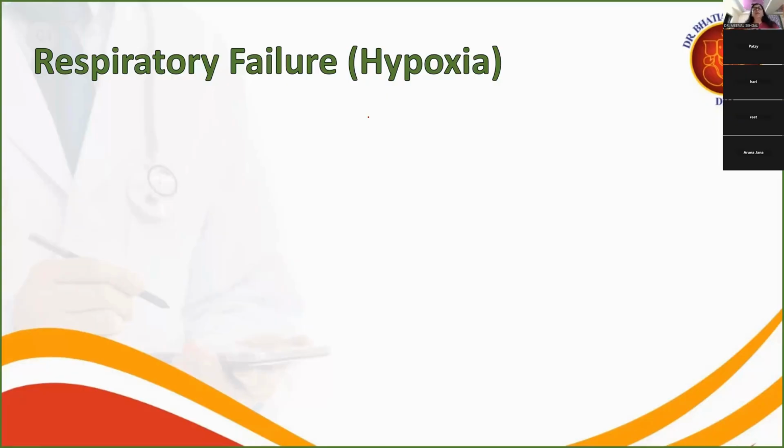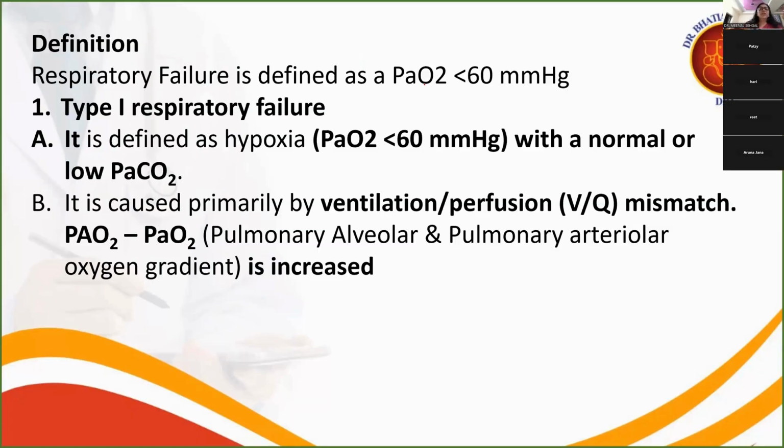Now, describing respiratory failure once again, coming to the types of respiratory failure. Respiratory failure is defined as a partial pressure of oxygen below 60, that is a condition of hypoxemia.